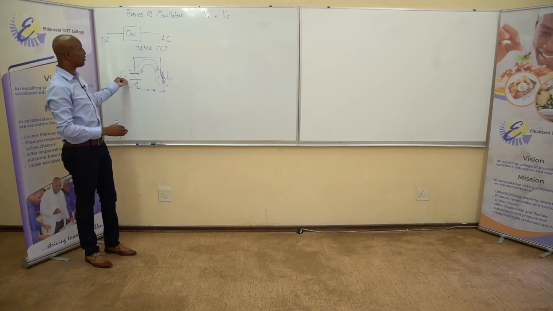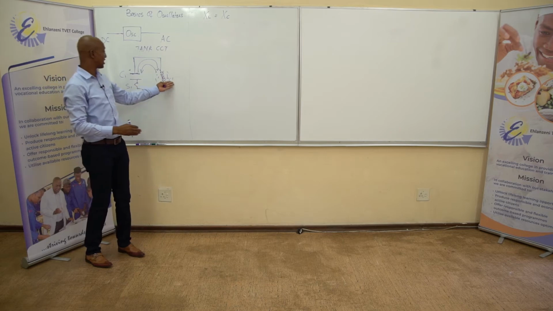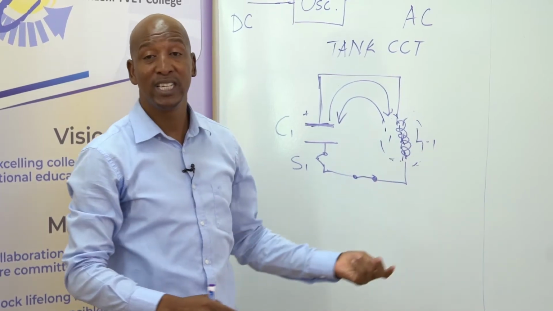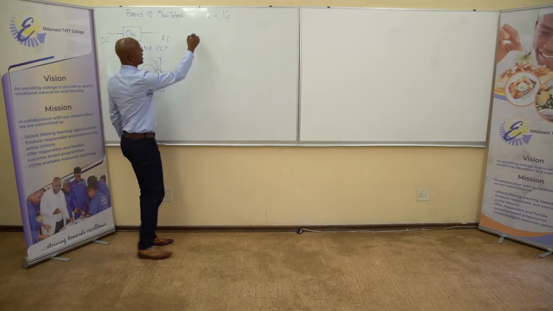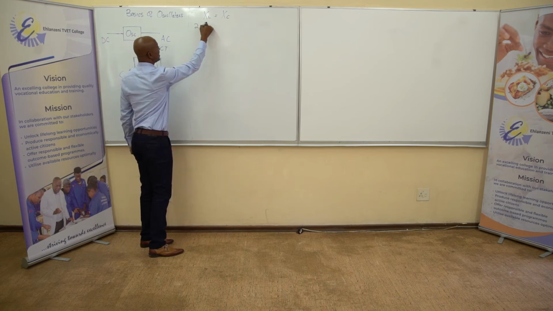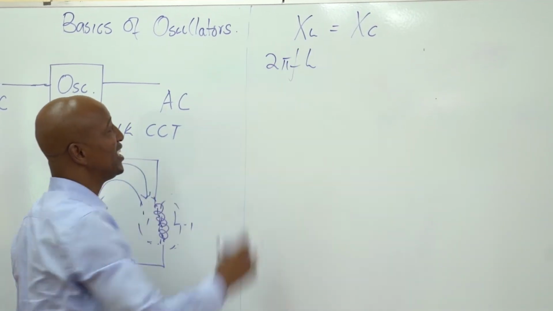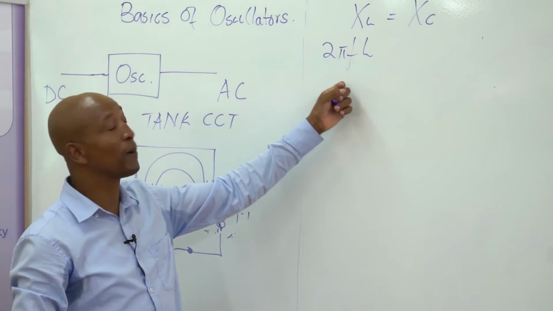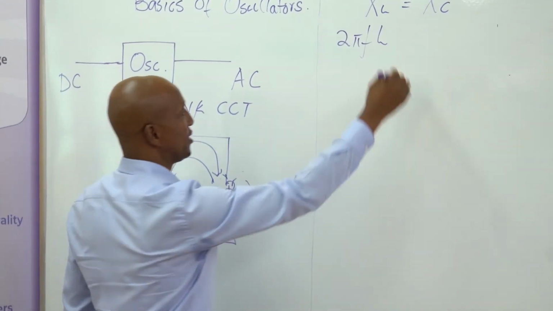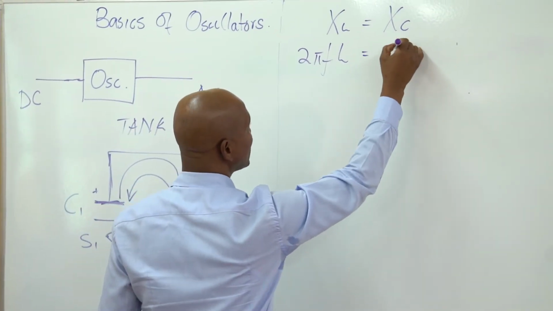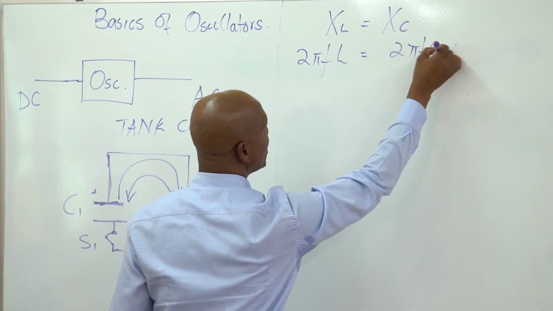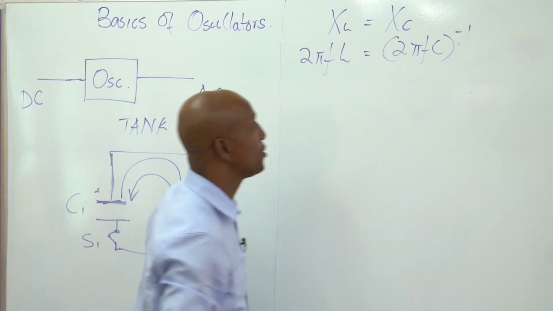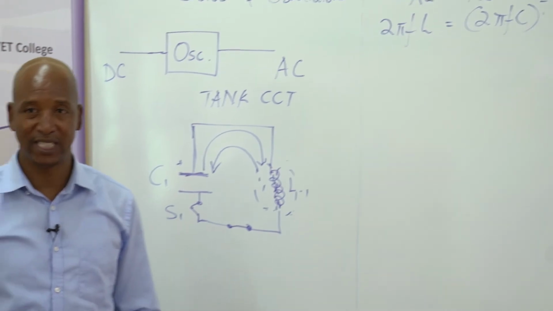The reactance that will be offered by the capacitor and the reactance that will be offered by the inductance. Mathematically, it is known that XL is given by this formula, which is 2 pi fL, and XC is given by this formula, which is 2 pi fC raised to the minus 1, or 1 over 2 pi fC.